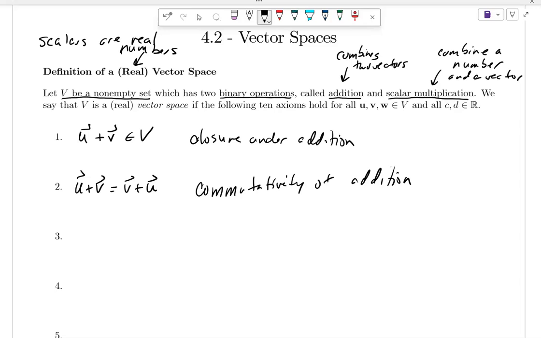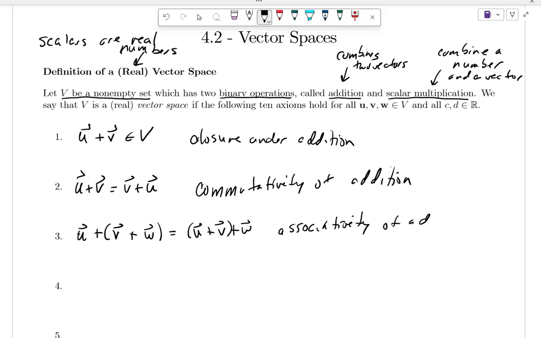Okay. All right. Anyway, closure under addition, commutativity of addition. The next one's associativity. Again, these first two properties are properties that you would expect an addition to have, right?